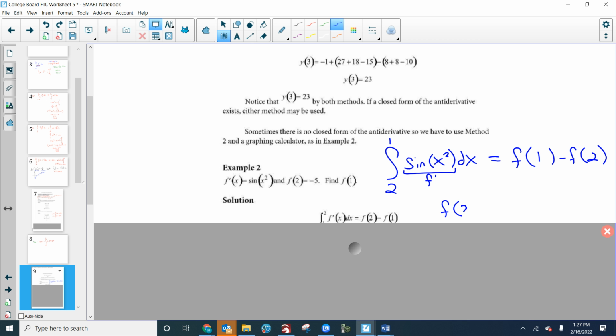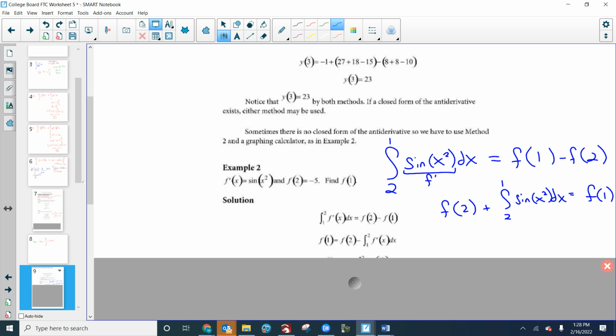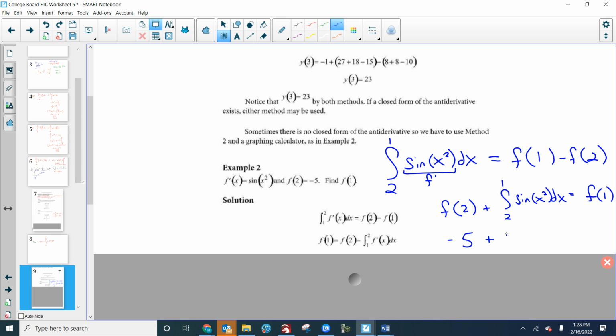F of 2 plus the integral from 2 to 1 of sine of x squared dx equals f of 1. Do I know f of 2? Yeah, f of 2 is -5. -5 plus the integral from 2 to 1 of sine of x squared dx equals f of 1.